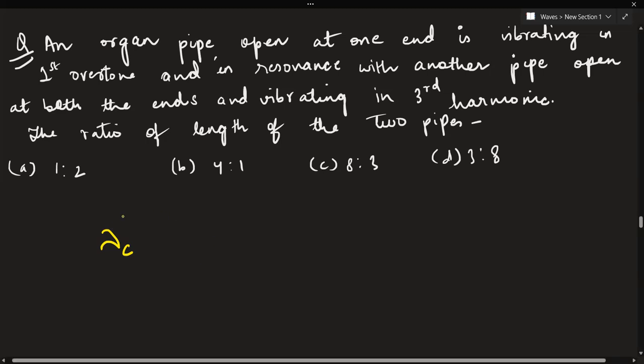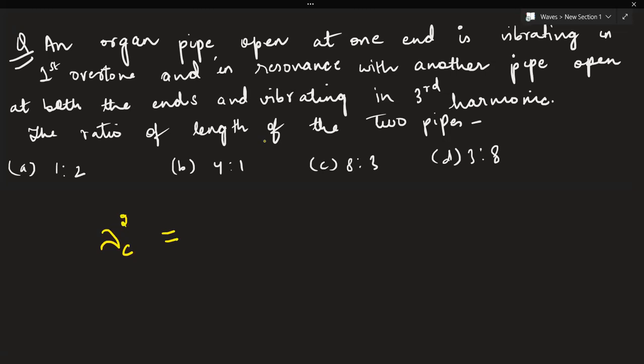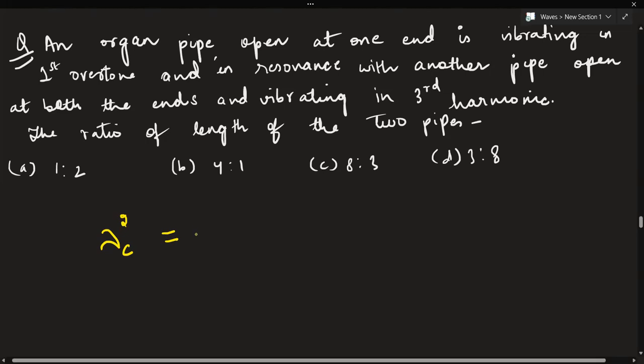N will be equal to 2. This is vibrating in resonance, means the frequency is same with another pipe open at both the ends. Now what kind of pipe is this which is open at both the ends? Open organ pipe. The frequency is same with the open organ pipe.